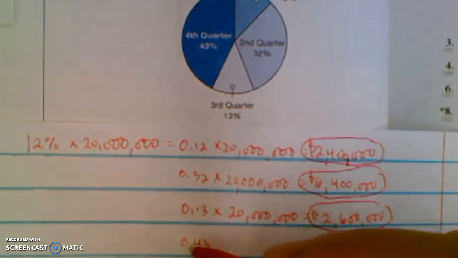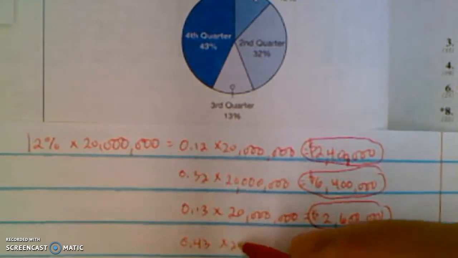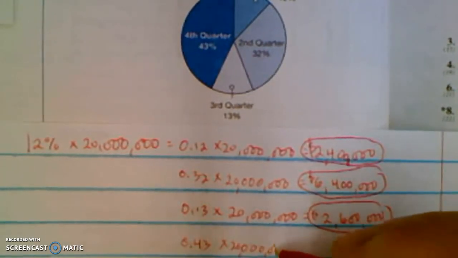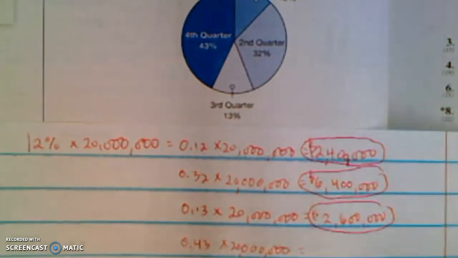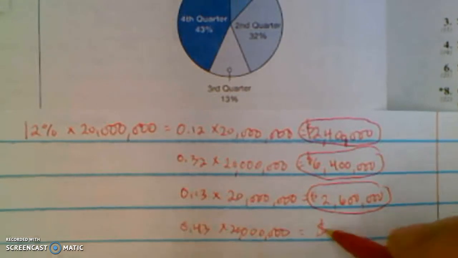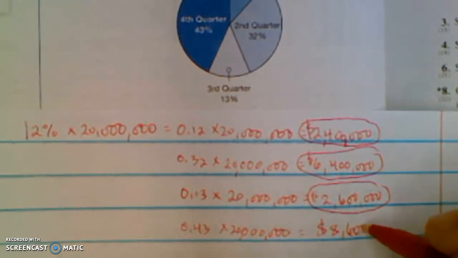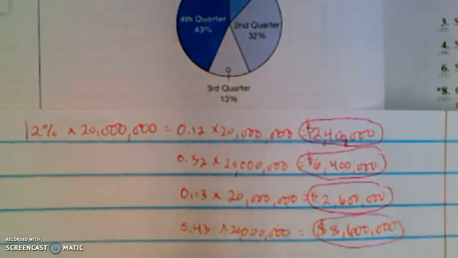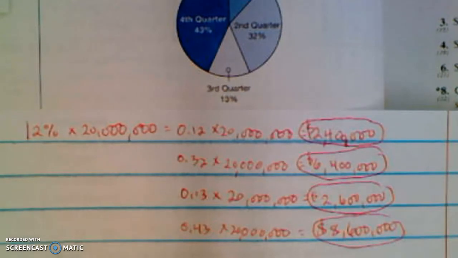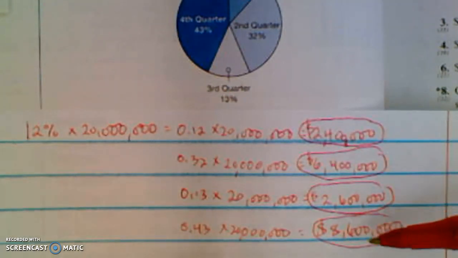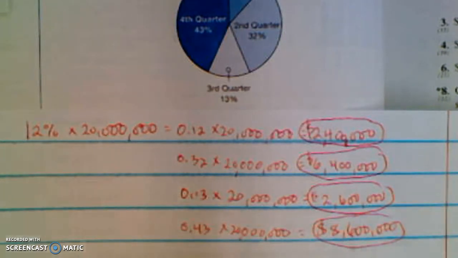So 43 hundredths times 20 million gives us $8,600,000. All right, so first, second, third, fourth quarter sales. What's a way to check yourself on this? When you add these four together, they should equal 20 million.